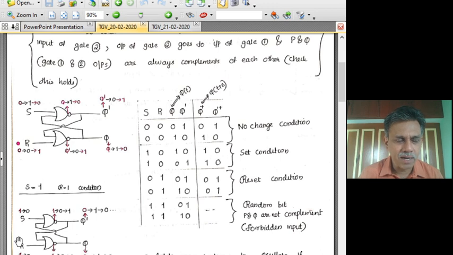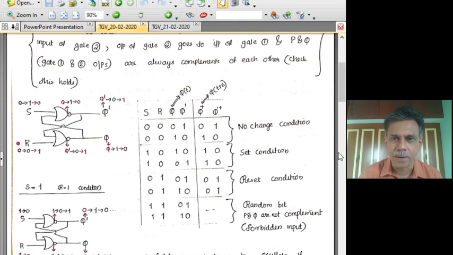The moment you bring it back to the no change input condition, that is S equal to 0, R equal to 0, both the outputs start oscillating between 0 and 1, but because of the race condition, the flip-flop will settle to a 0 or a 1 value depending upon the propagation delay of the two NOR gates, which is unpredictable, and hence a random bit will get stored, which is undesirable.